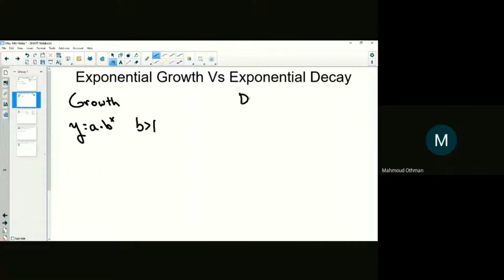And for decay, you have y equals a times b to the x, where b is greater than 0, but less than 1.